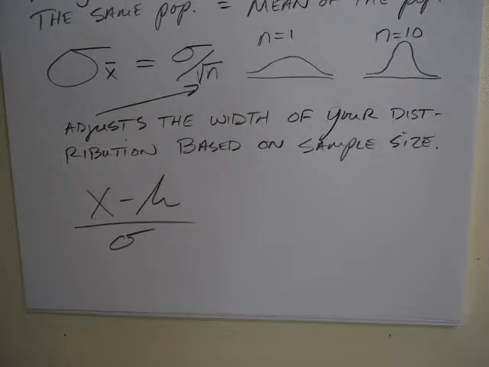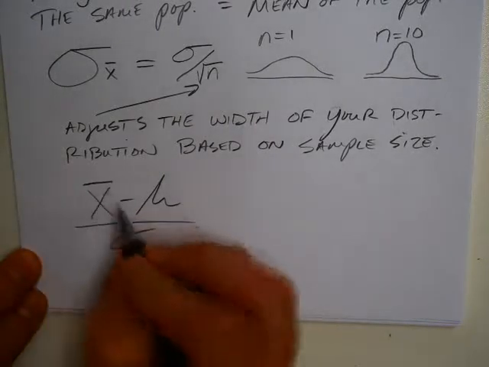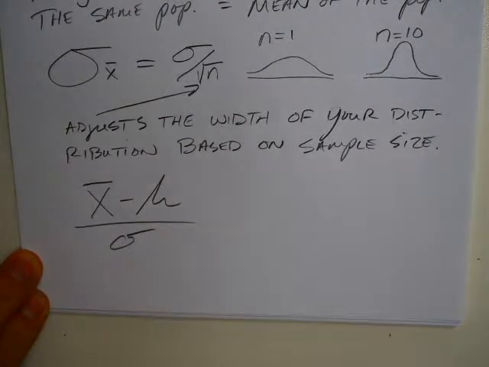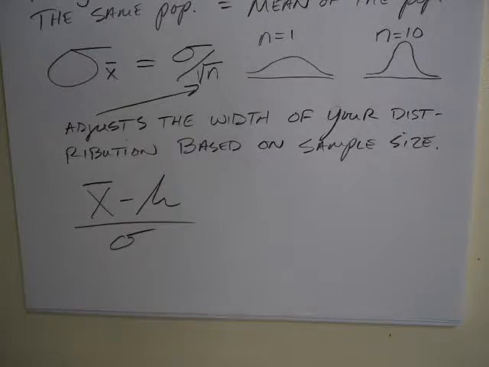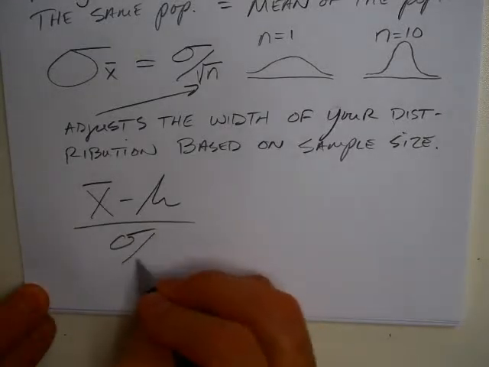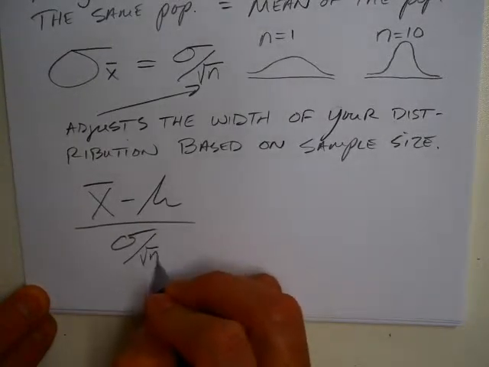So it's going to be the average, or more than one in a sample, becomes x bar. And now that we're talking about more than one, we also have to adjust for the width that's going to change. So it's going to change our normal curve by the square root of n.